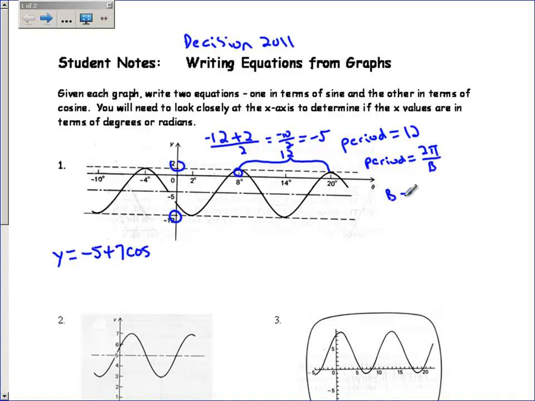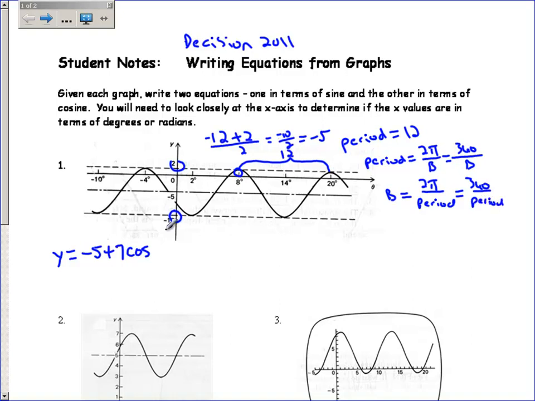So b is 2 pi divided by our period. However, we are not in radians here. We are in degrees. You see the little degree symbol there? Yeah, we're in degrees. So this is also the same thing as 360 divided by b, or we can get b by doing 360 divided by the period.